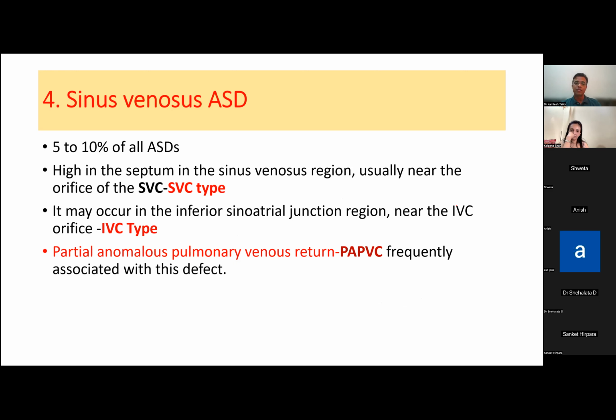IVC type sinus venosus ASD is very rare, but we have seen many of the SVC type, and this is usually associated with PAPVC, partial anomalous pulmonary venous connection. The right upper pulmonary vein, usually in association with sinus venosus type ASD, drains into the right side of the heart, and later on while repairing, the surgeon has to repair both things.